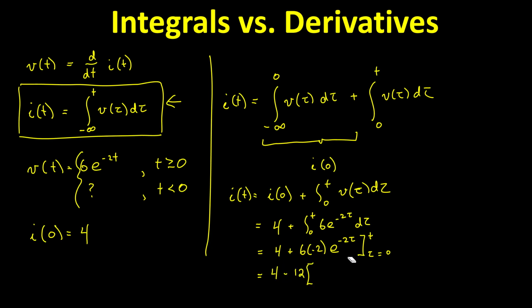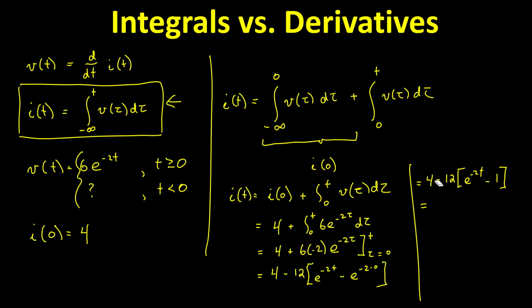So now we can simplify our limits. This goes from minus 2. We'll replace the tau with a t up here, and from it we'll subtract the value of e of minus 2 times 0. So that's going to be equal to 4 minus 12 e to the minus 2t, and e to the 0th power is always going to be 1.